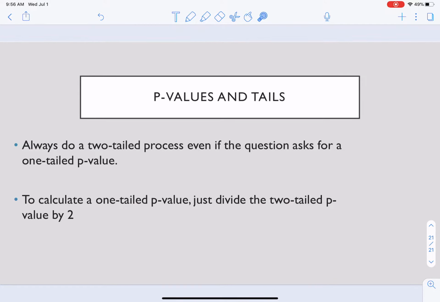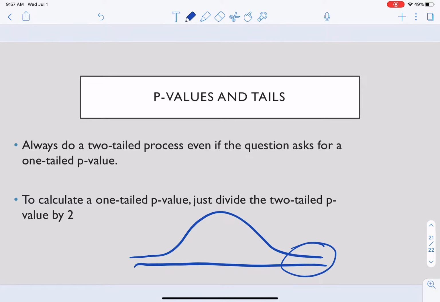Okay, one last pro tip, and this will make sense when we get into an example, because I know this is probably long and drawn out and you're probably bored, and I understand. But p-values and tails, right? Let's recall that every distribution has a tail, or at least a normal distribution does. These are the tails, over here and over here, the areas where the probability is slim of something happening.